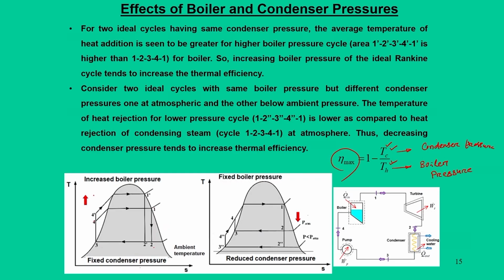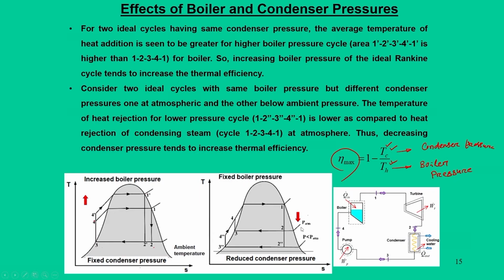Now, if I increase the boiler pressure, the cycle becomes 1 dash, 2 dash, 3, 4 dash. In this process the mean temperature of heat addition gets increased. As a result Q in also increases, and when Q in increases, the efficiency also increases. So, increasing the boiler pressure for an ideal cycle tends to increase the thermal efficiency.